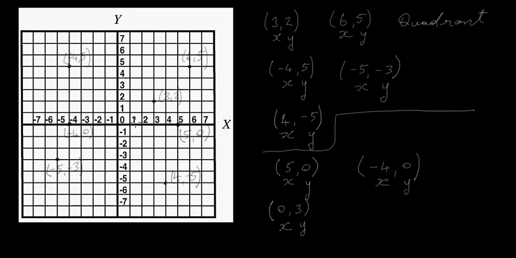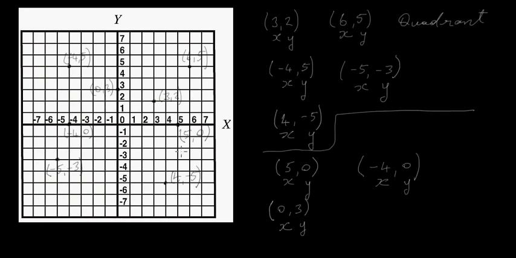Our y value is 3, so we go up along the y-axis 3 units. 1, 2, 3. So this is where our point is going to be. So our point is going to be here. That point there will have coordinates 0, 3.